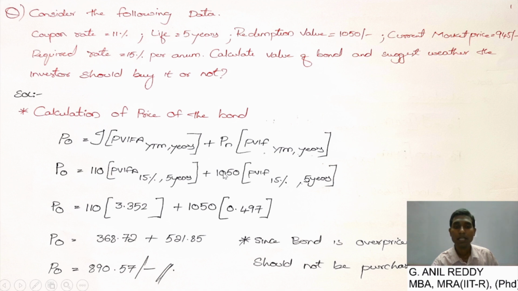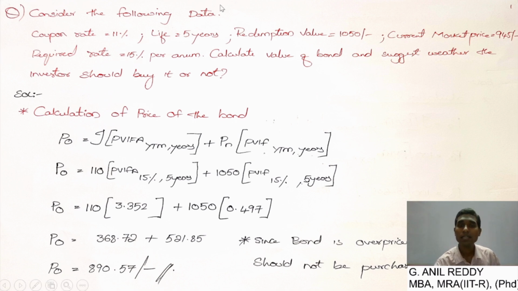Now here, dear friends, in the earlier problems we were directly using the face value as redemption value, because I told you to assume that when the redemption value is not given, the bond is redeemed at par, that is face value. But when the redemption value is given in a problem like this, you need to use the redemption value specified in the problem.